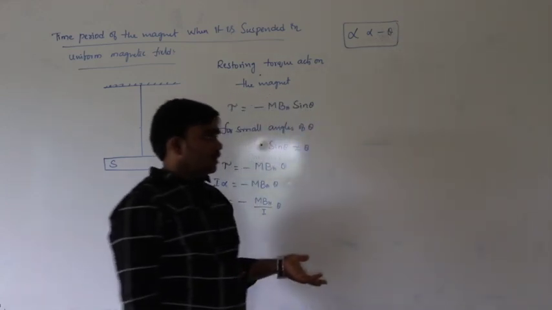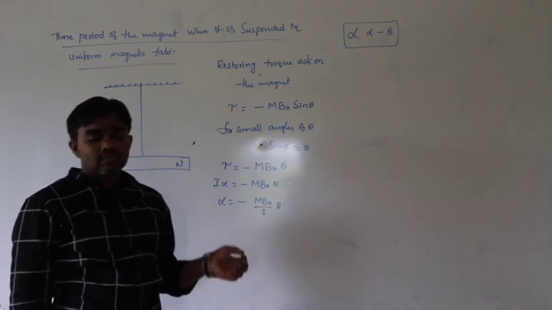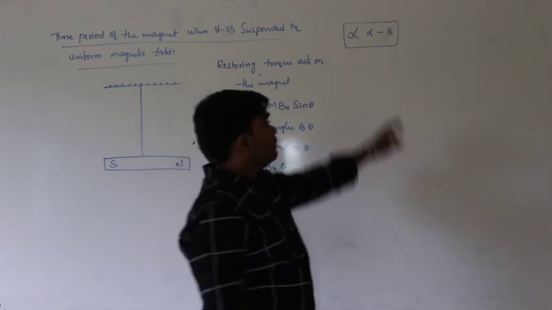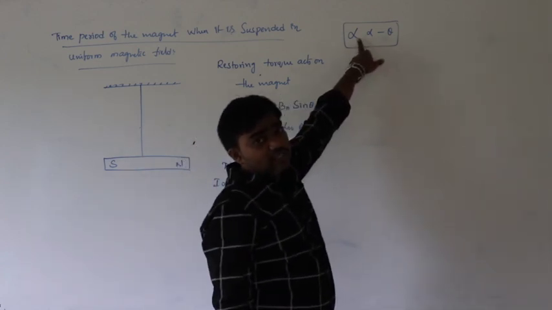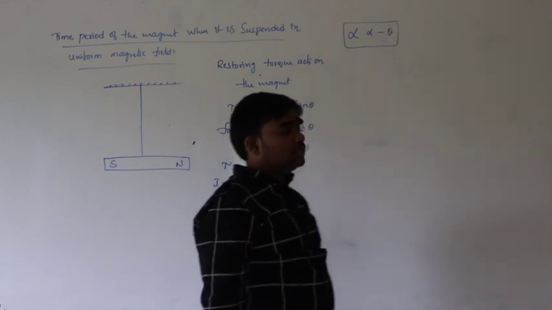What is the condition to execute simple harmonic motion? Acceleration is directly proportional to displacement, but opposite in direction. In the same way here, angular acceleration is directly proportional to angular displacement, but opposite in direction.